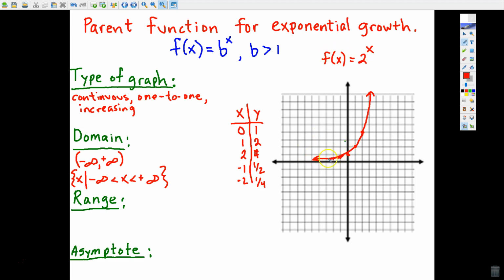So we show that graphically by making this graph get really, really close, but it will never get there. So for the range, since we're never getting all the way down to where y is 0, using interval notation, we could say that the range is from 0 at the bottom to +infinity.